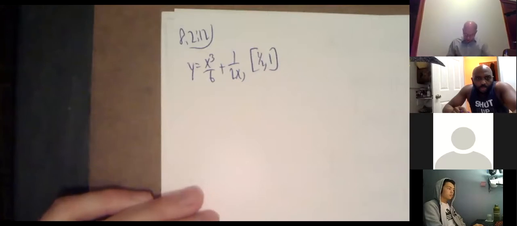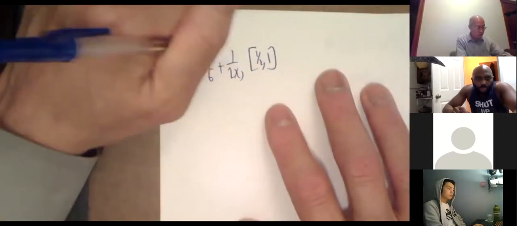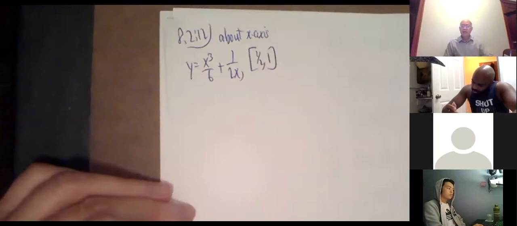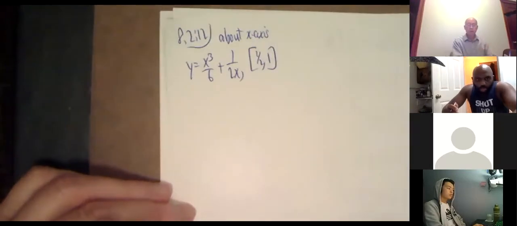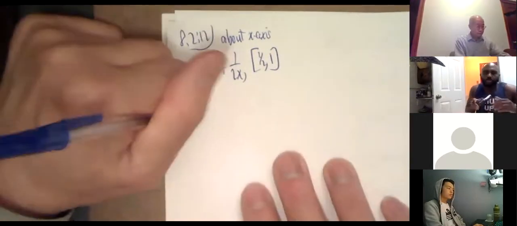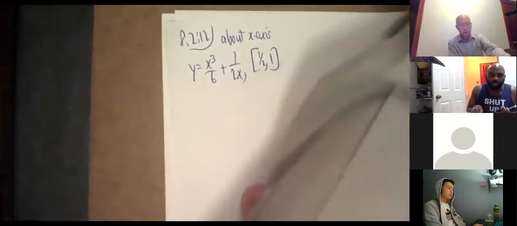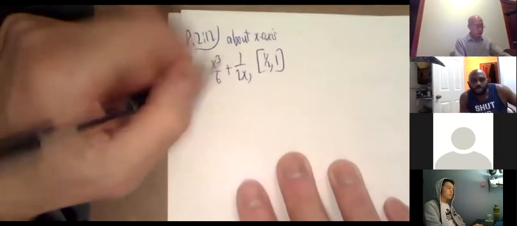And you're spinning it about the x-axis. So if you spin it about the x-axis, you multiply by 2 pi y. Yeah, I remember this one didn't come out very nice.